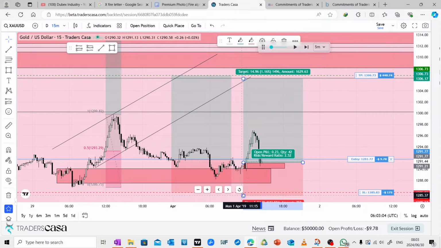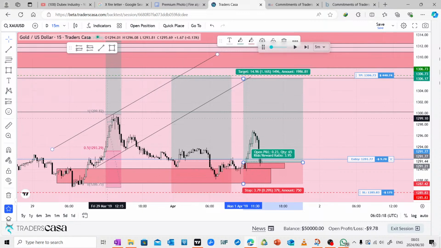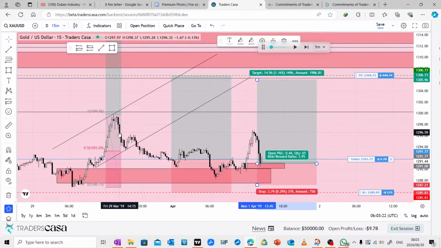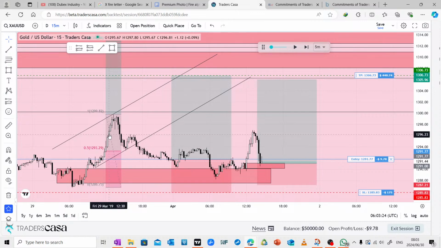Put my stop below that head, and then target this part. So the target would be like this.